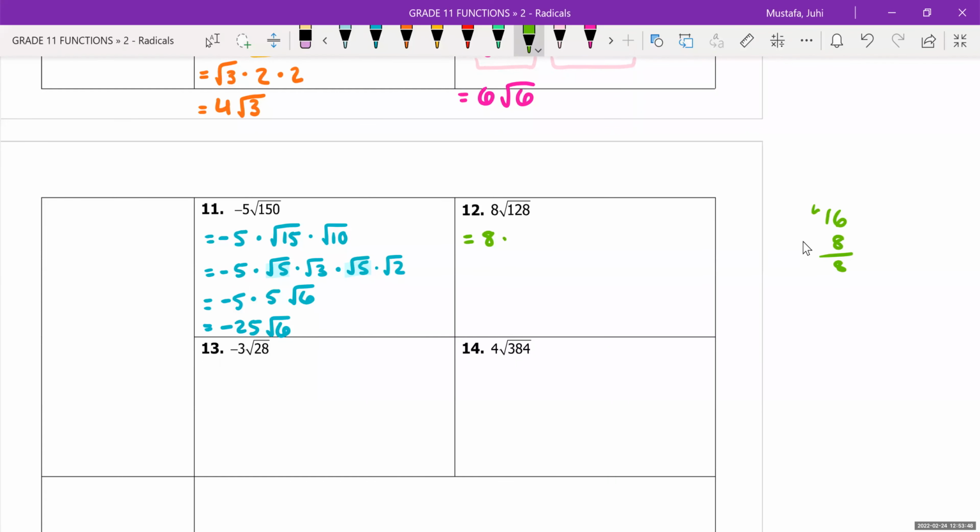Okay, so we have 16 times 8. Yep, that's right. And that is on your multiplication table, so as long as you have that, you should be good. 16 is a perfect square, so I am going to just change that to a whole number 4. Can I split root 8 up any further? Yeah, into root 4 times root 2.